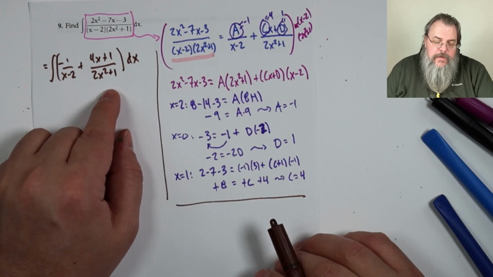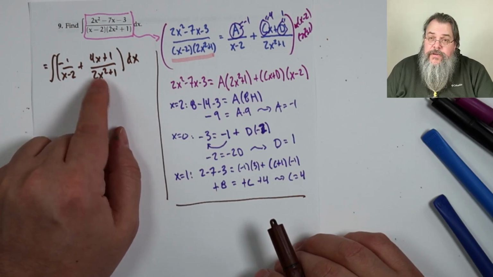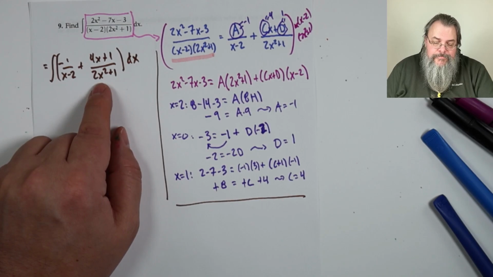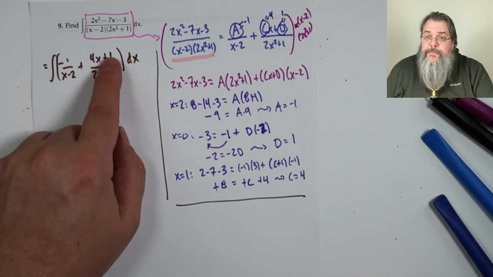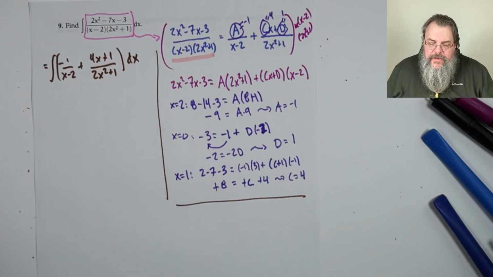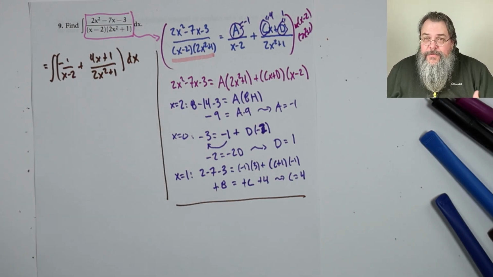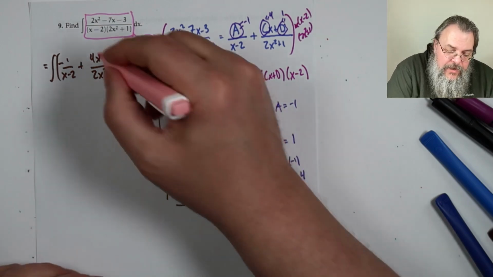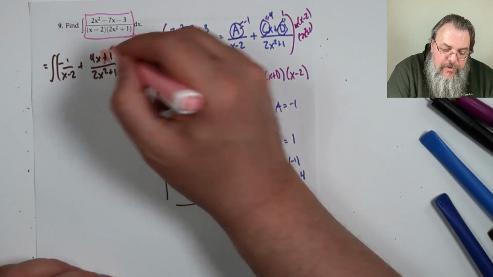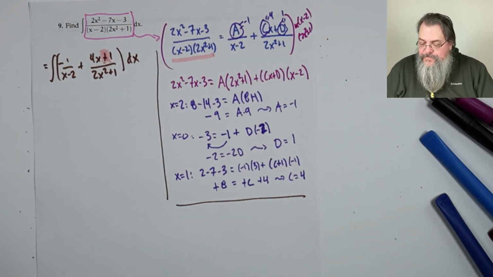And, well, if you set u equals 2x squared plus 1, the derivative of that is 4x, so that's kind of good. But then you have the plus 1. So it's not quite enough to say u equals 2x squared plus 1 and du is the top, because it's not true. But what we can do is take advantage of the nice plus sign that we have upstairs.